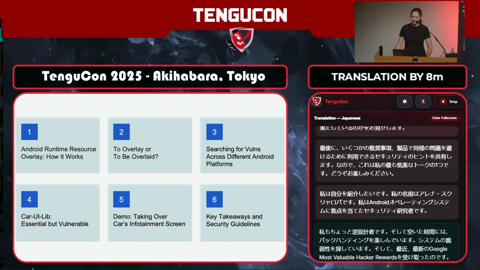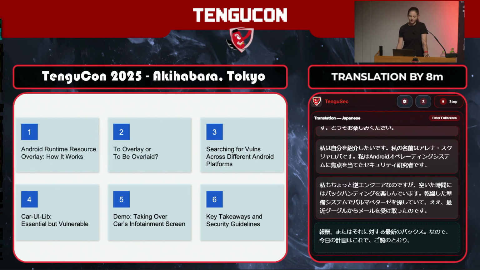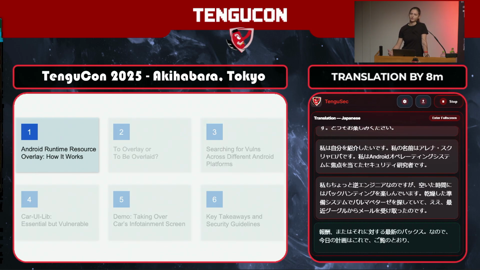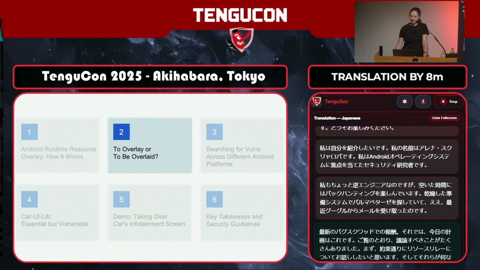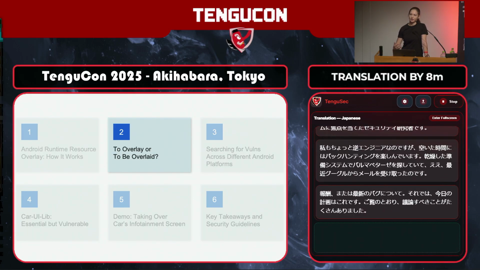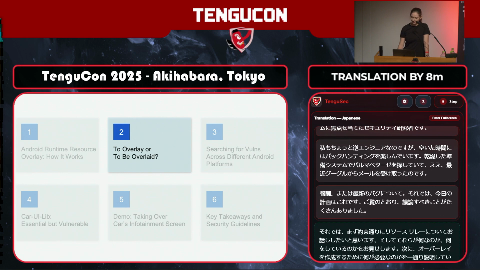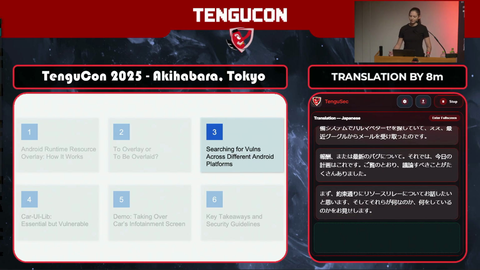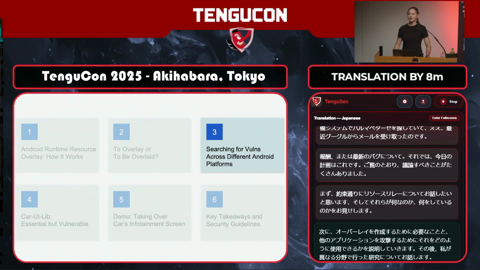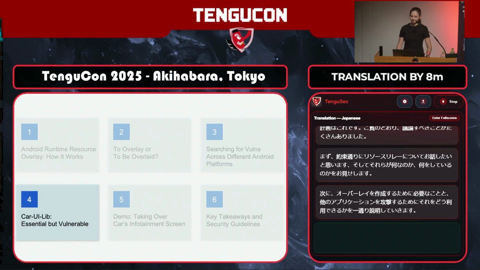So here's the plan for today. As you can see, we have a lot of things to discuss. First I would like to talk about resource overlays, as promised, and show you what they are and what they do. Next we're going to walk through what's required to create an overlay and how it can be used to attack other applications. Then I'll talk about the research I conducted across different Android platforms, which helped me identify vulnerable components.